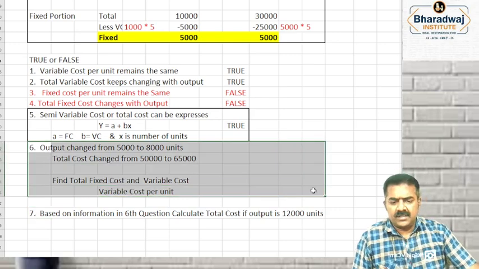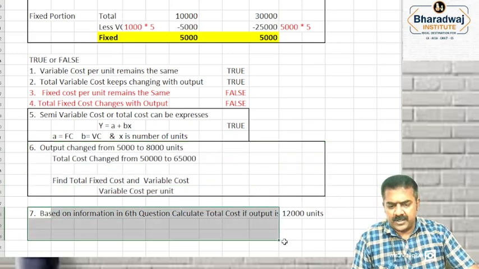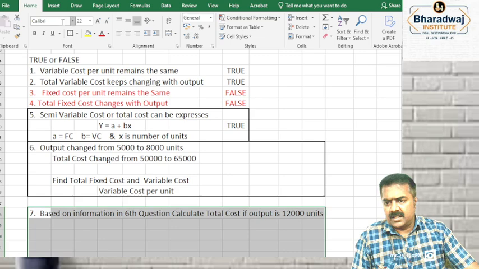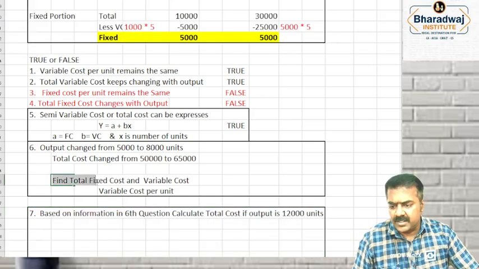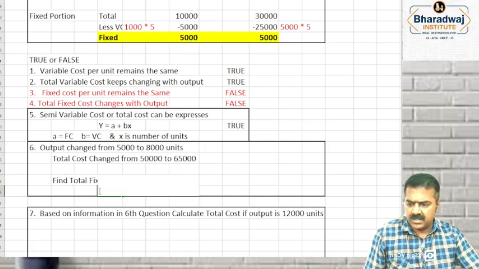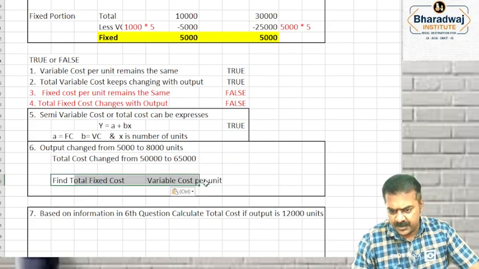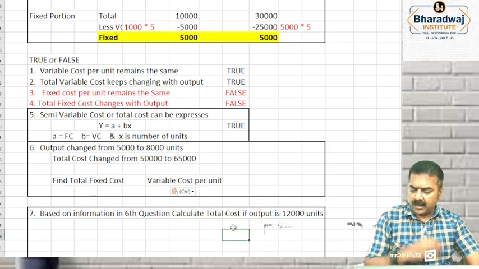Right. 6th and 7th question is for you to try. Copy the first 5. The 6th and 7th is for you to try. You understand the question? Find the total fixed cost and variable cost per unit. That is for 6th question. Based on the information in the 6th question, calculate total cost.